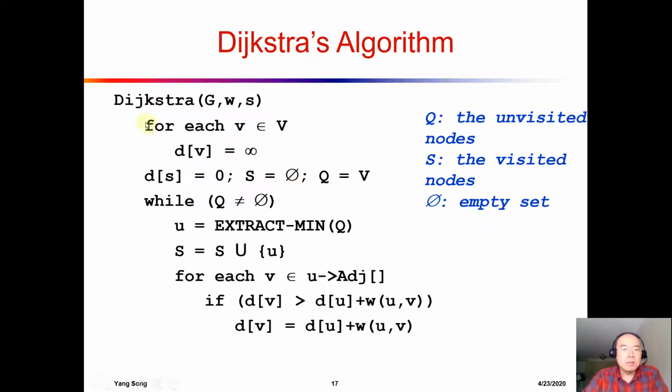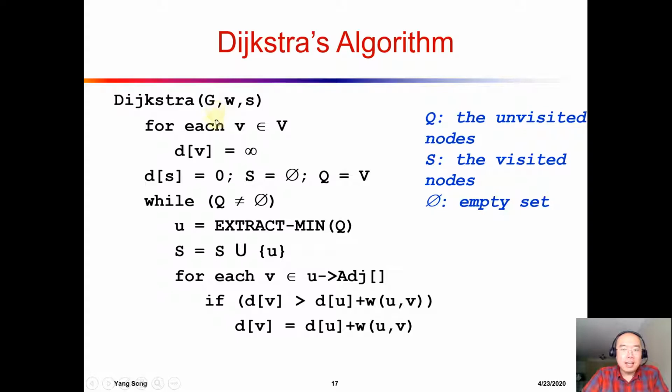So the first part, for each of the vertices, we update the distance, or the shortest path, to be infinity. And after that, we know there is a source. The source is s, so we specify the distance of the source to be 0, because starting from the source, the cost to get to the same source is 0, right?